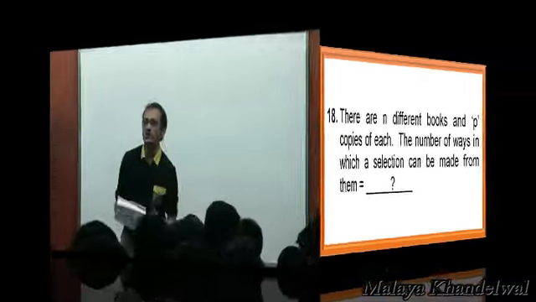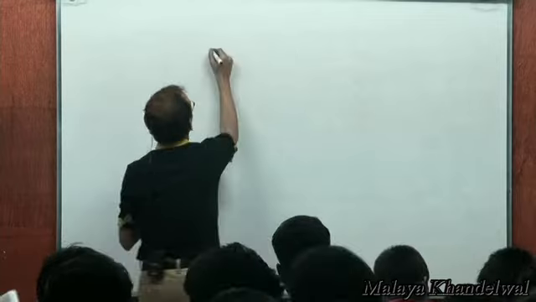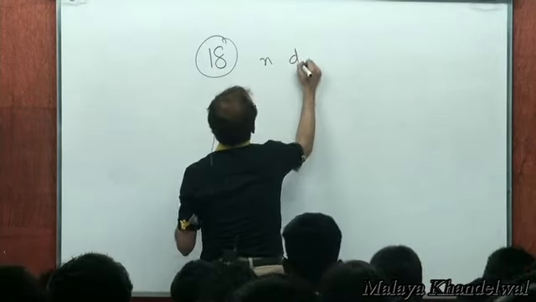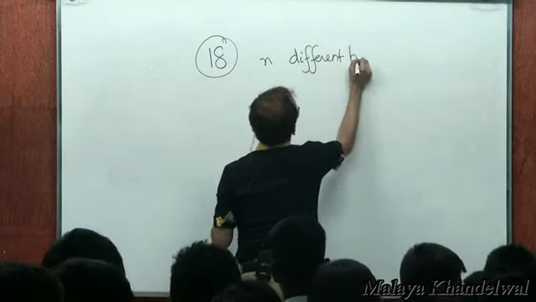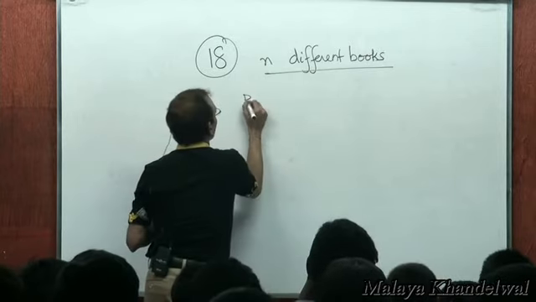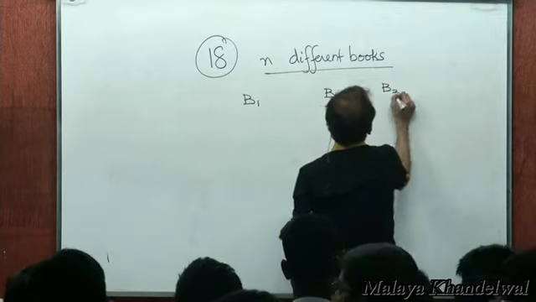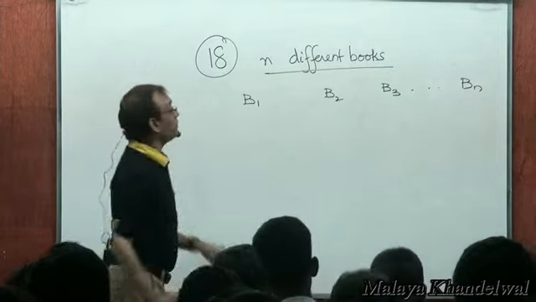N different books and P copies of each. In the next problem, problem 18, there are N different books, say B1, B2, B3, Bn. These are the N different books. And P copies of each.